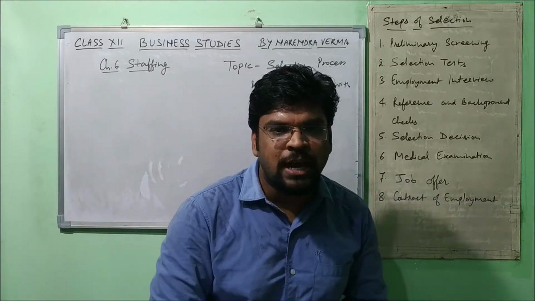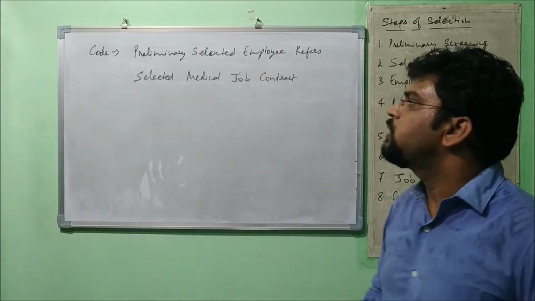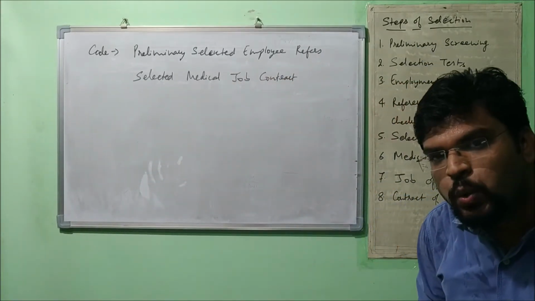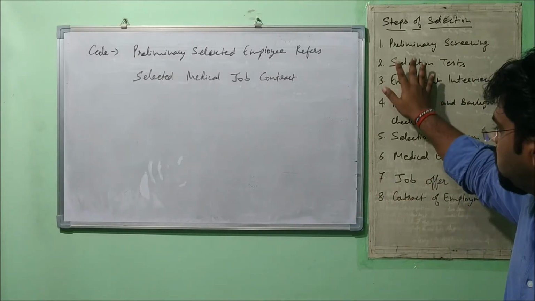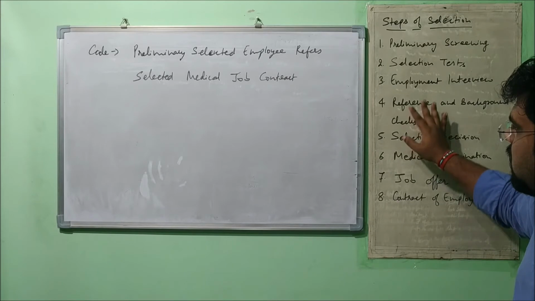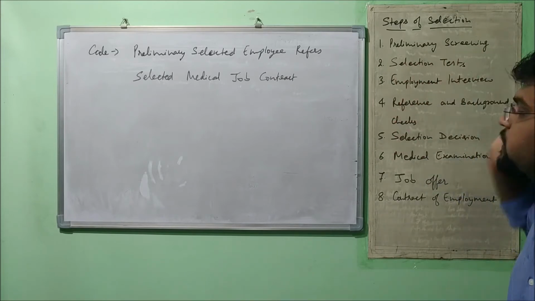So without wasting much time, I would like to write down the code here. So here is the code. Yes, it is a unique one, but I have very carefully picked the initial letters, or words similar to initial letters, so that you can remember the entire step.